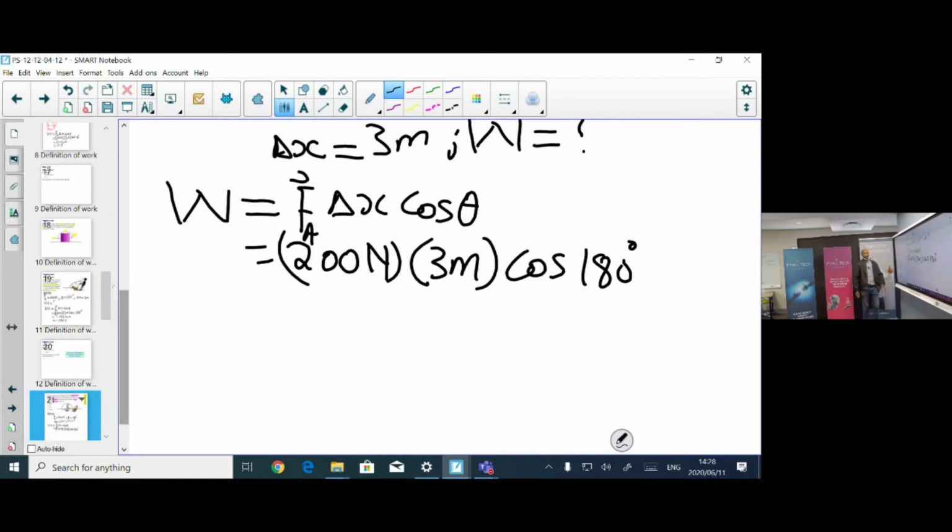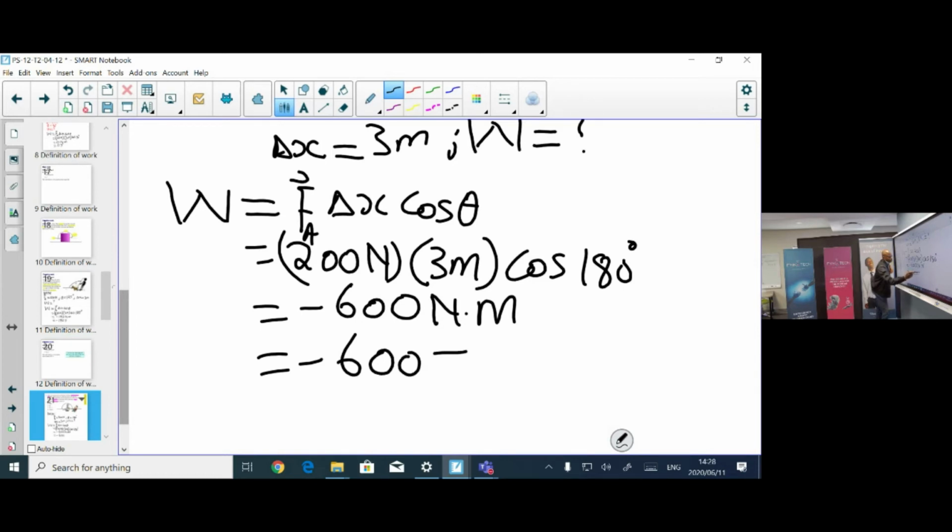Okay, if you can just look at it, I need you to use your calculator. Let me do it quickly for you. That is 200 multiplied by 3 multiplied by cos 180, which is equal to minus 600 newton meters, which is equal to negative 600 joules.